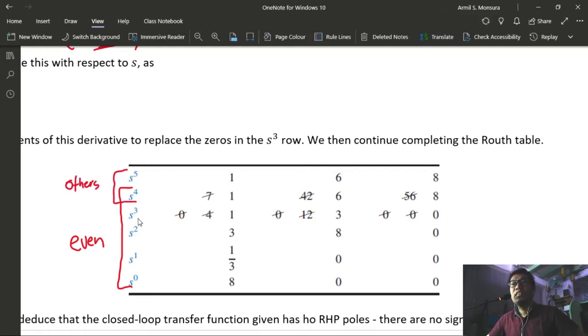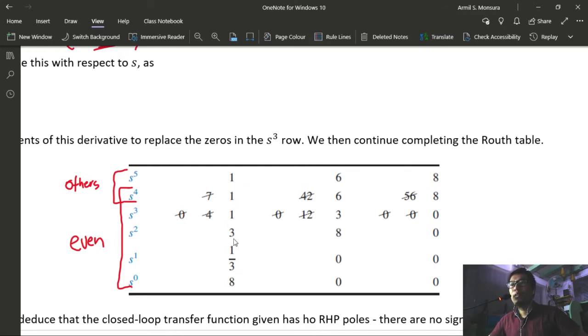Okay? So, i-interpret natin separately yung others at saka yung even. Pero tandaan nyo dun sa even, there exists this possibility na meron kayong j omega axis poles. Pero sa others, wala kayong possibility na ganun. Okay? So, yung others, we interpret it normally as the basic route table. Pero itong even, titingnan natin yung possibility na meron kayong j omega axis pole. So, paano siya? Ganito mangyayari. Sa even polynomial niyo, 'di ba wala kayong sign changes?